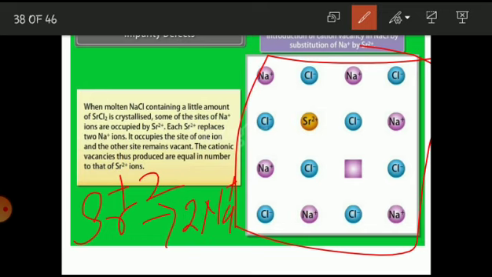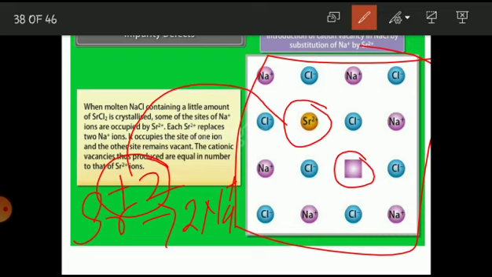Why is it replacing two sodium ions? Because we know that crystals are in neutral state, so we have to maintain the electrical neutrality. So when we are adding the strontium plus 2, the charge is plus 2, so at that time we have to remove the plus 2 charge from the sodium chloride crystal, and therefore we are replacing two sodium ions, one sodium ion from here and another sodium ion from here, and this strontium plus 2 is replacing one sodium ion.